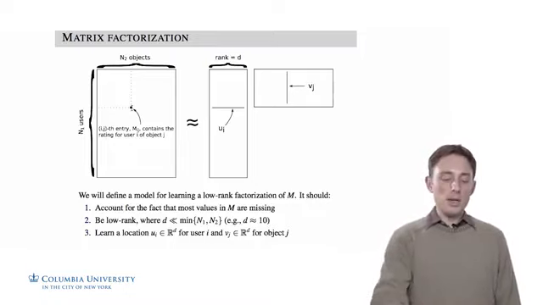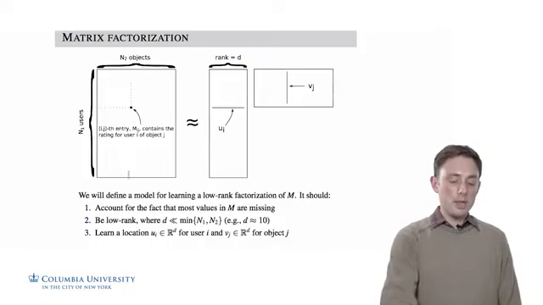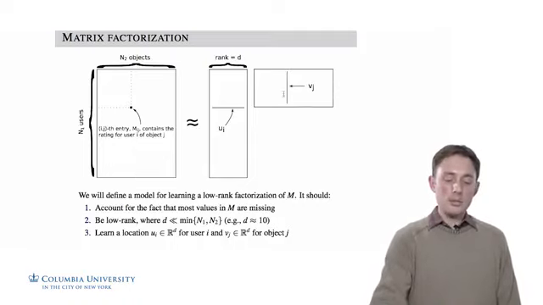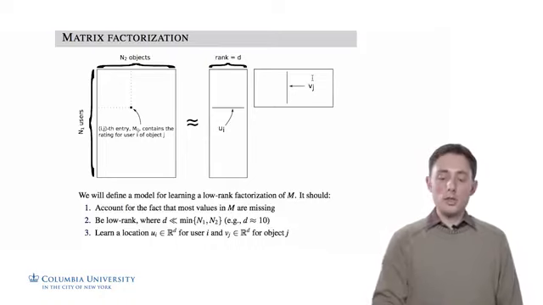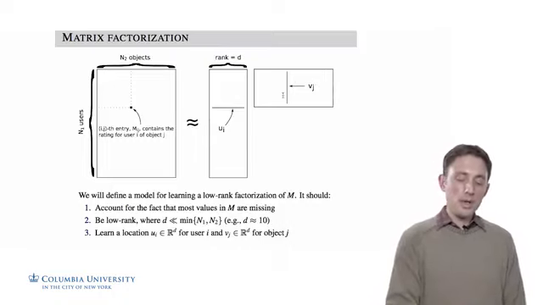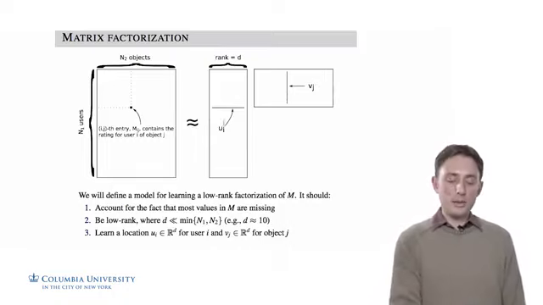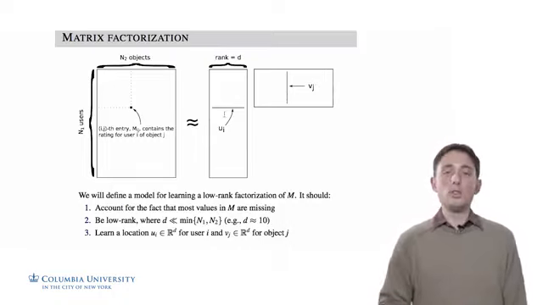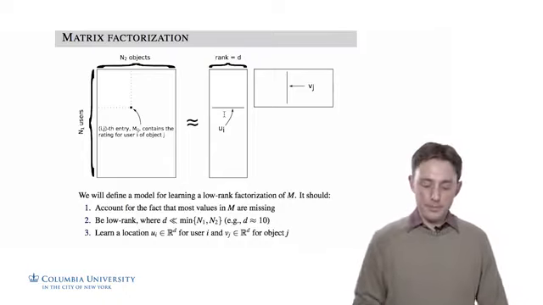And similarly, if we want to focus on a particular product, like the jth product, and look across users, then we take the jth column of the right matrix, call that V_j. That's also a d-dimensional vector. We can view this like the location of the jth object, and then we take the dot product of that vector with any particular row according to which user we want to query.